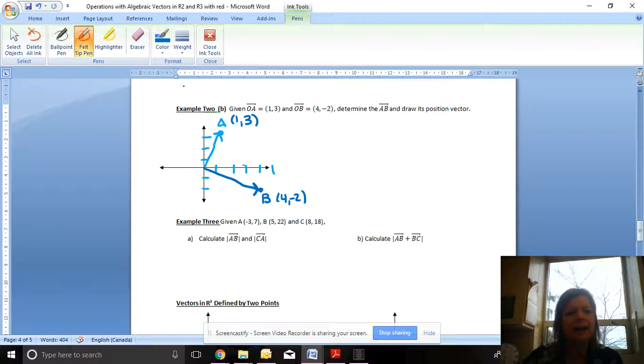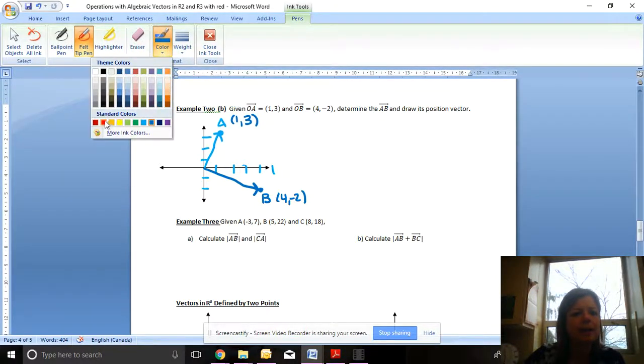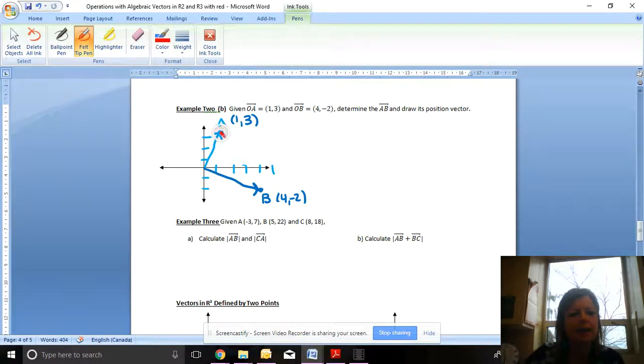So determine AB. AB is the vector from A to B. When they say determine AB, what you're actually doing is determining its position vector. So AB in this case is going to be OB minus OA.